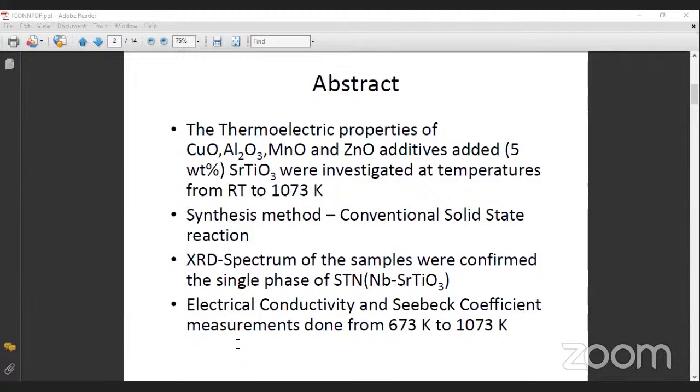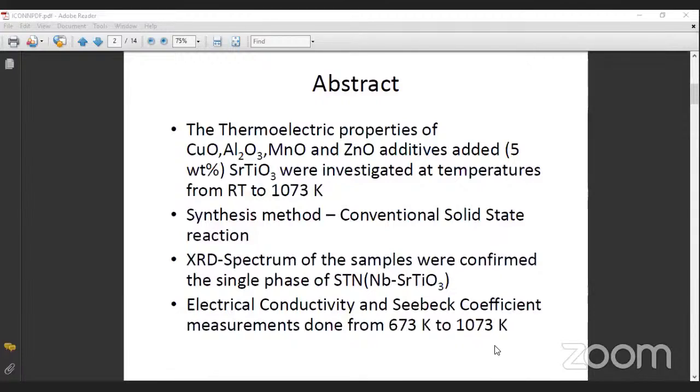So thermoelectric generators are very useful in waste heat management.